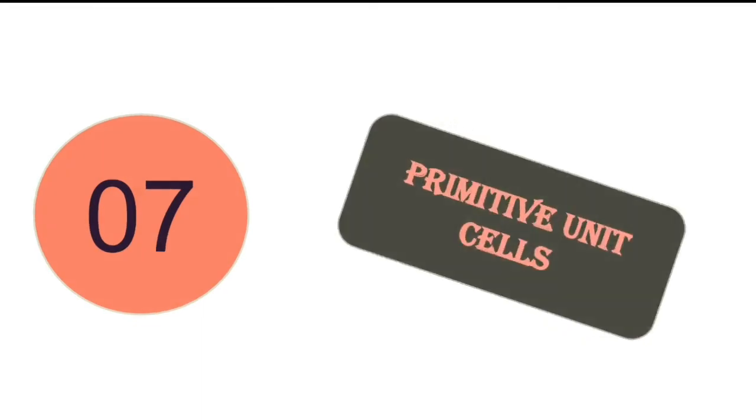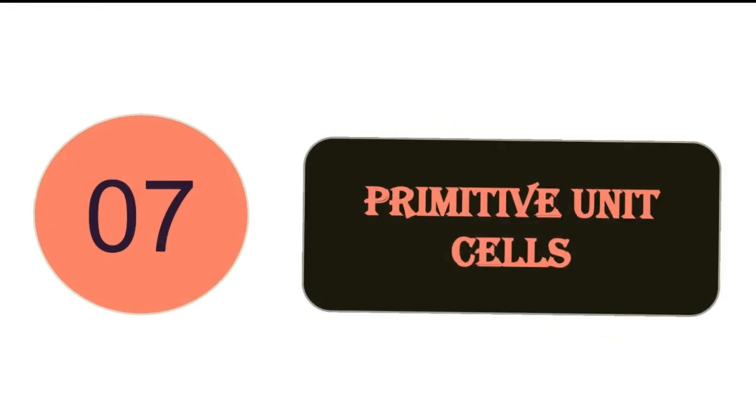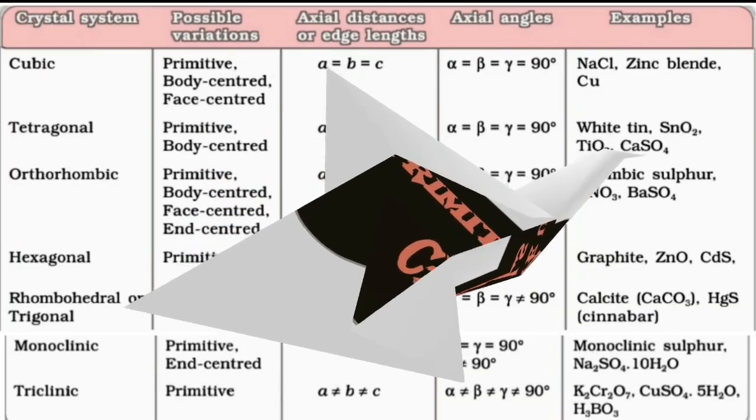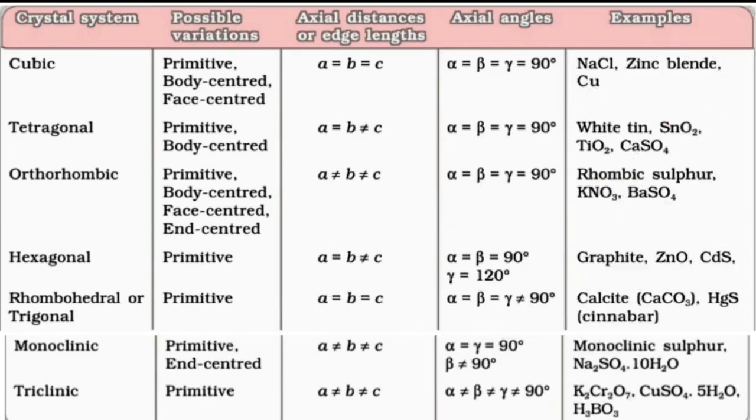So there are 7 types of primitive unit cells, and we'll see which are the 7 types. They are also called crystal systems, that is, 7 types of crystal systems. Here we can see the crystal systems: cubic, tetragonal, orthorhombic, hexagonal, rhombohedral or trigonal, monoclinic and triclinic.